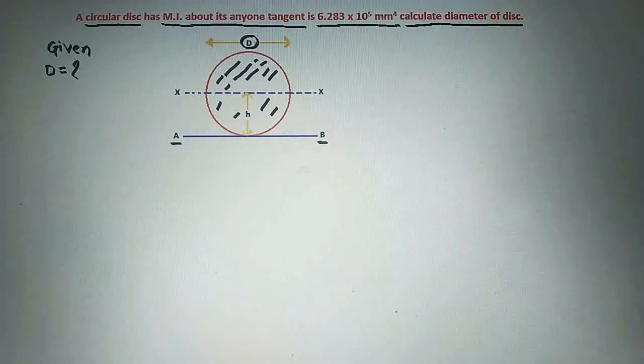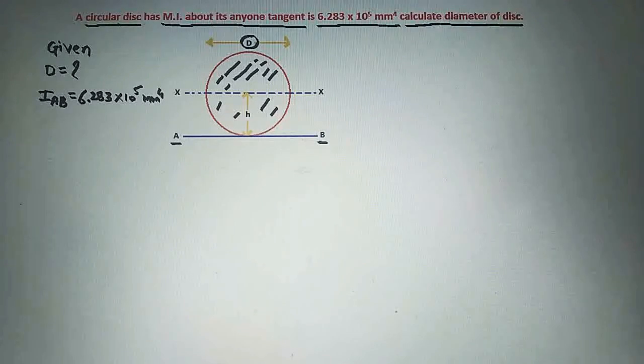We are considering that the tangent is AB, and the moment of inertia about the tangent AB is given, and that moment of inertia of tangent AB is 6.283 into 10 raised to 5 mm raised to 4. So this is the moment of inertia of a circular disc about its tangent.